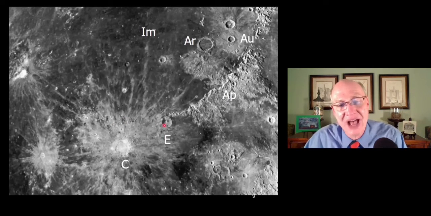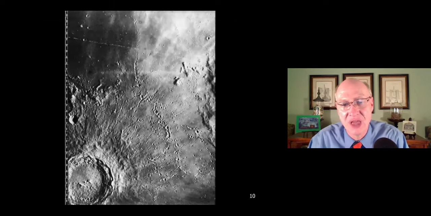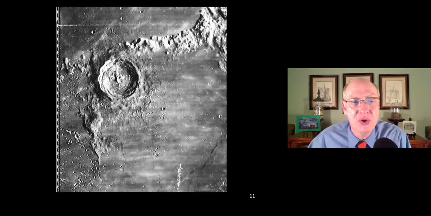Well, what about Eratosthenes over here? Did Eratosthenes come before or after Copernicus? That's a harder one to decide, but here's the most convincing evidence. The most convincing evidence comes from secondary craters from the crater Copernicus. If we look at Eratosthenes, we see the ejecta blanket that was blown out of Eratosthenes, and sitting on that ejecta blanket, we see secondary craters.